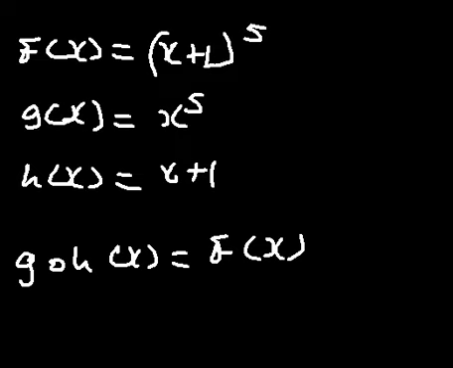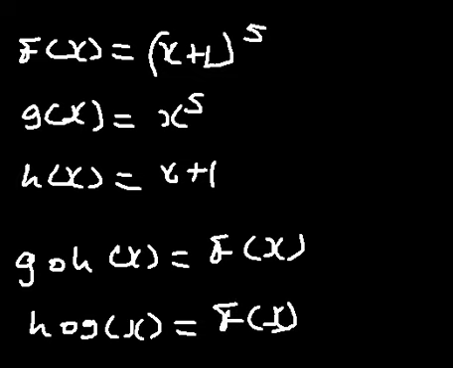Also try to verify this one as well: h composite g of x is given as f of x. Also try if this is true. So that's how you should understand the combination of functions in a composite manner.